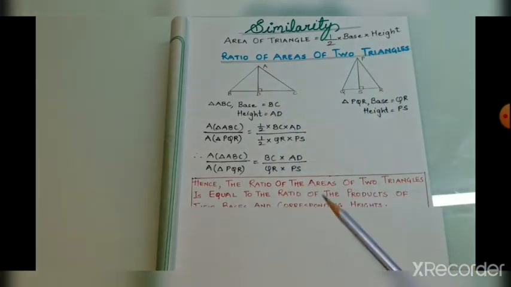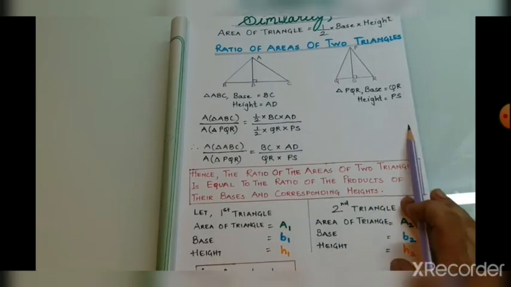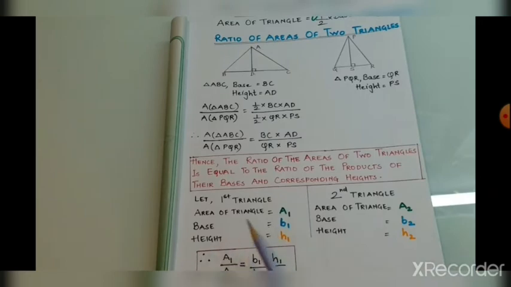Therefore, in general, this property is written as, if for the first triangle we take the area as A1, the base as B1 and height as H1, and for the second triangle, the area as A2, base as B2 and height as H2, then using this property, the ratio of the areas of two triangles, A1 and A2, is equal to the product of the bases and corresponding heights.